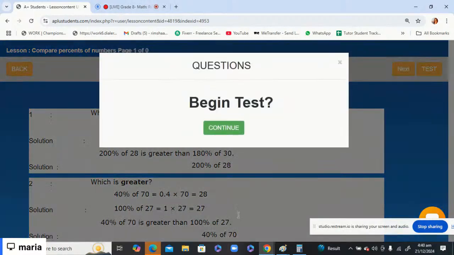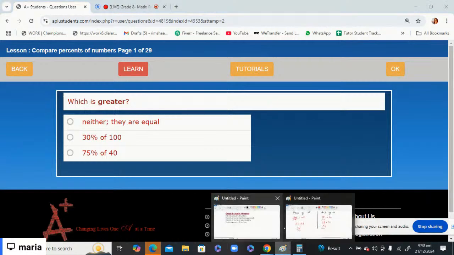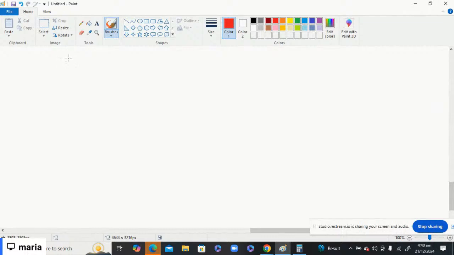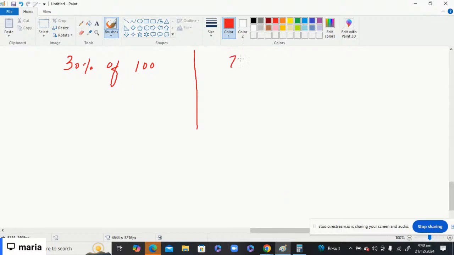Okay, now let's do the test. Which is greater? 30% of 100 or 75% of 40. Let's check firstly. Here the answer is 30.